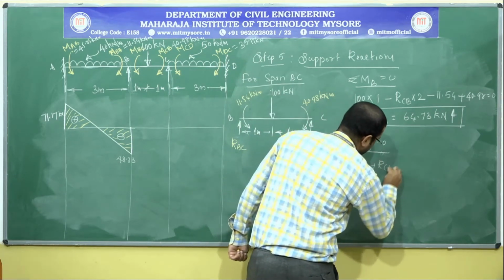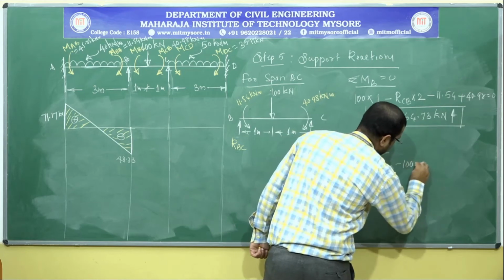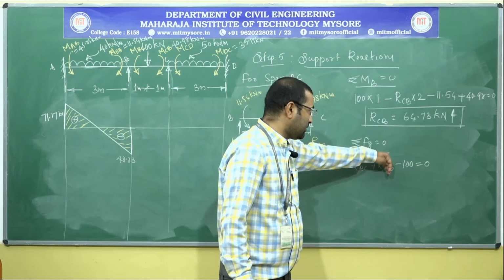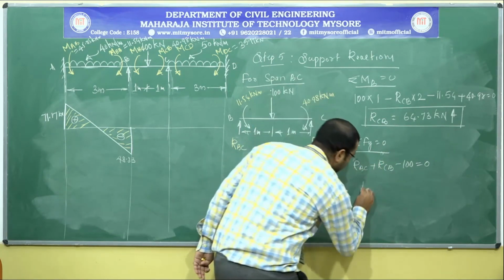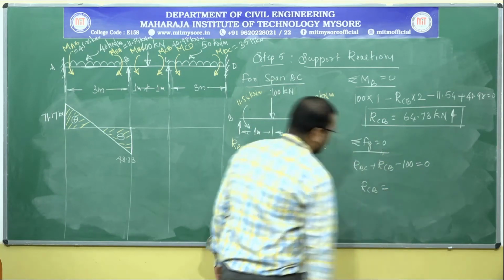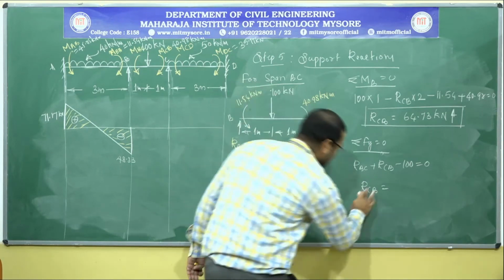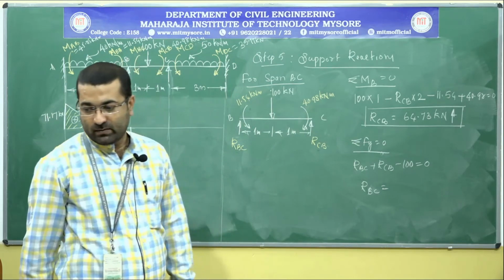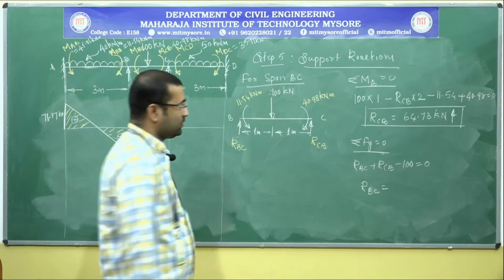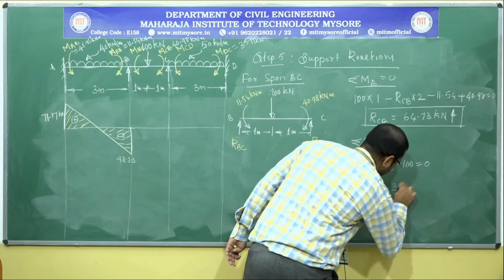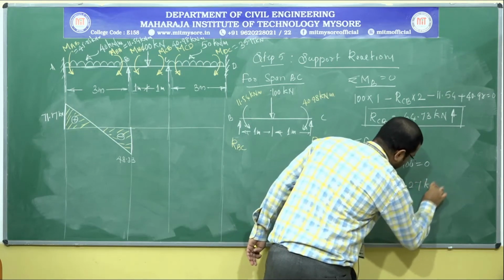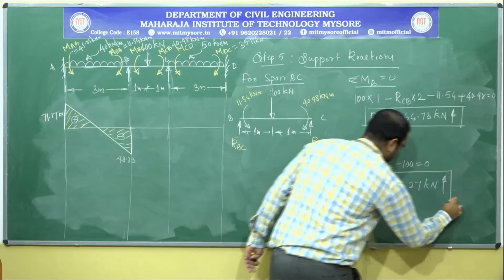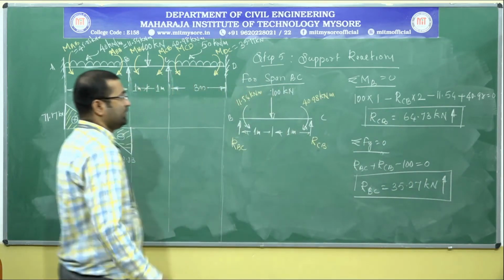RBC plus RCB minus 100 equals 0. Substituting the value for RCB, we get the value for RBC as 35.27 kilonewtons vertically upwards.